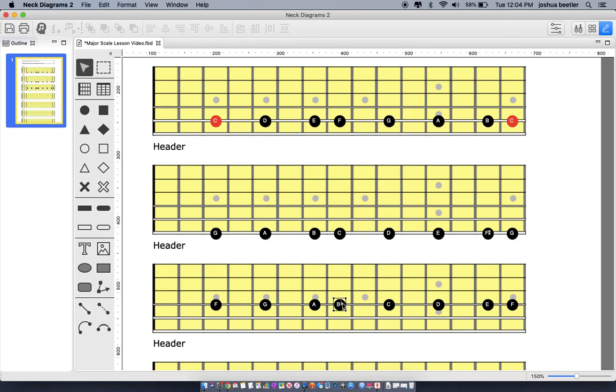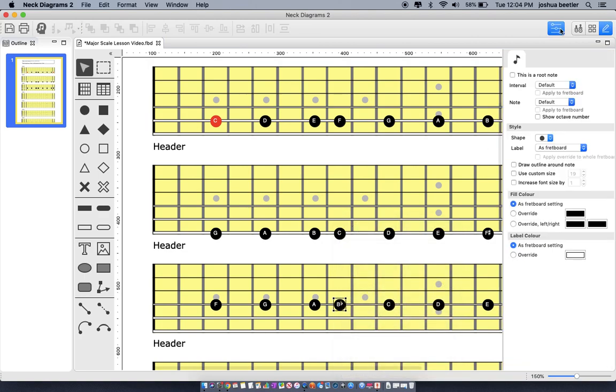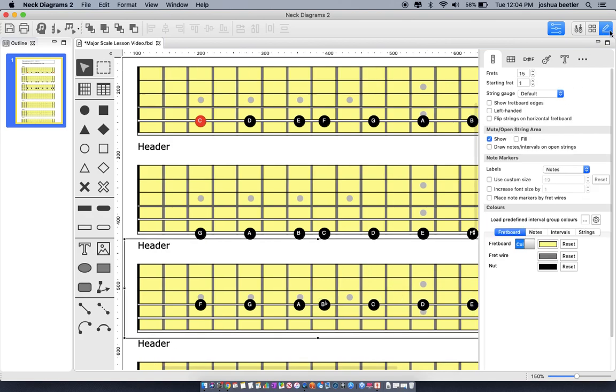Now, some people, if you know a little bit about music theory, you know that this note could also be called an A sharp. And so why is this a B flat and not an A sharp? Or can you have both? And the answer is no, you cannot have both. You can't have an A and an A sharp in the scale.